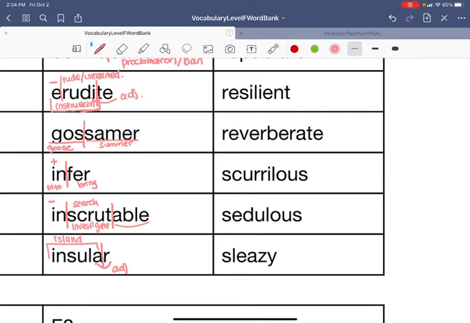I could also break it down to in meaning into, and then sol like the Spanish sol, sun, and that just reminds me of being on its own, by itself. So anything that pertains to that would be how you'd use this word.